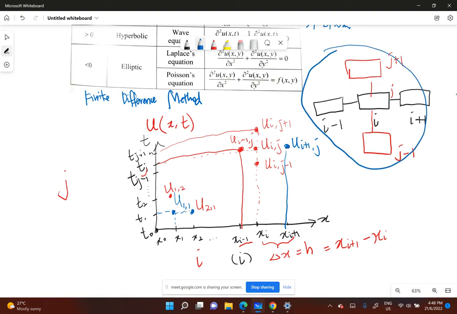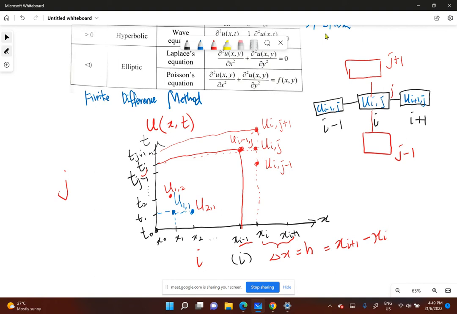Boleh. Okay. So that mean yang ni kan, this is u i, j. Sebenarnya, this is u i minus 1, j. And this is u i plus 1, j. Saya delete. This is u i, j plus 1.